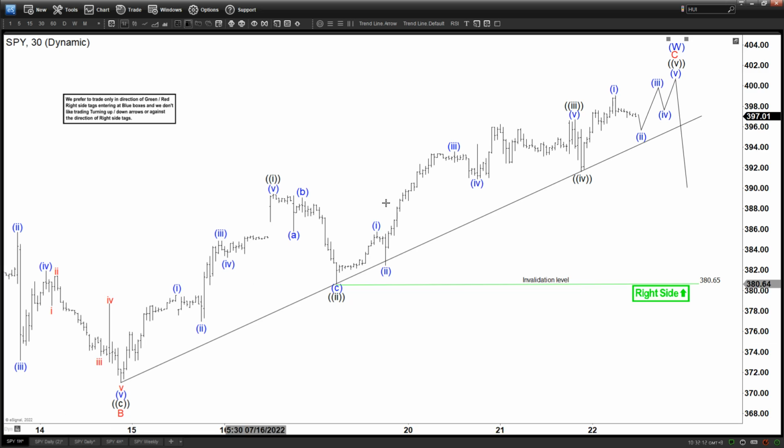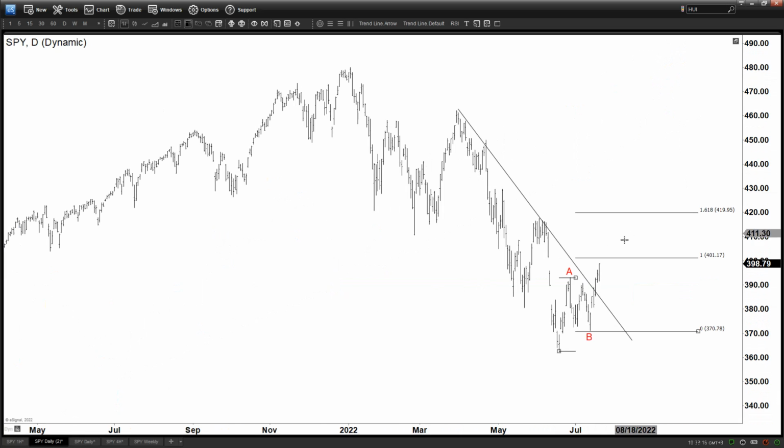The C of the W could be ending somewhere in this area if that is a 3-wave rally. Now if this turns out to be a bigger, maybe a new bullish leg to a new high, or a bigger corrective rally, then this can become 1, 2, 3 instead of ABC. It can go all the way up to 419 or 420. That's the 161.8% extension, and then become like a 5-wave move like this, 1, 2, 3, 4, 5.